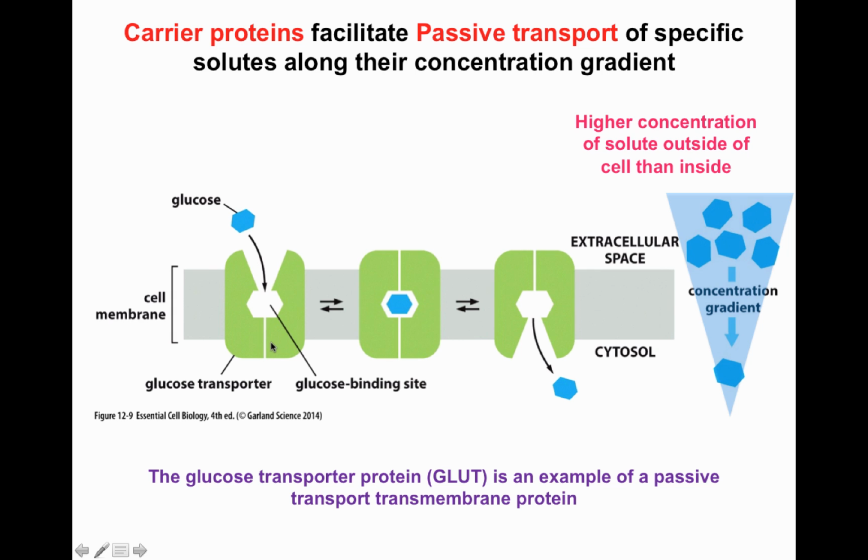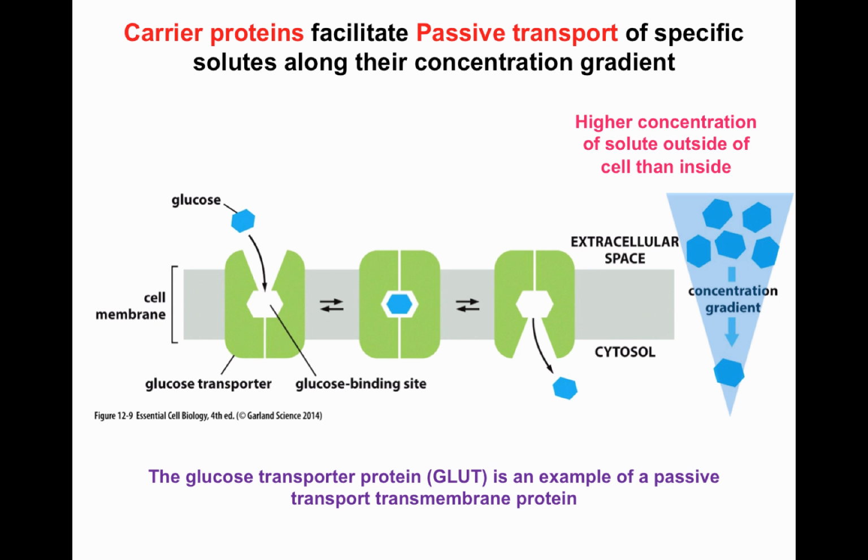The glucose transporter is a passive transporter that binds glucose, undergoes a conformational change, and then releases the glucose molecule inside the cytoplasm, because the transporter is using the energy of the glucose gradient to move the molecule from an area of high concentration to low concentration. So the GLUT protein, the glucose transporter protein, is an example of passive transport.